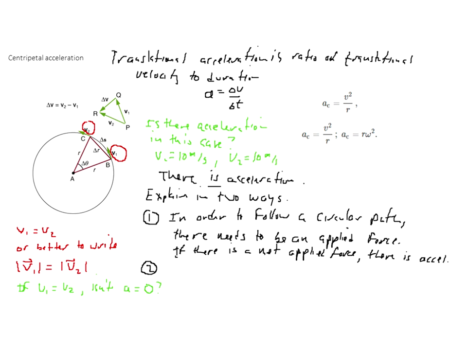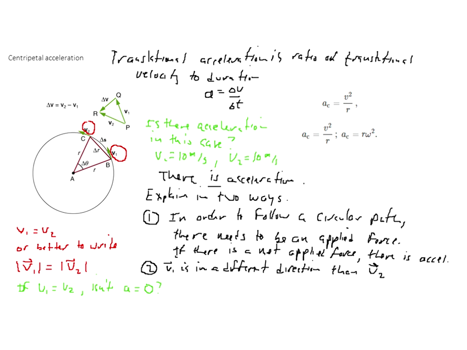Another way to look at it is, even though the magnitude of the velocity is the same, the direction of the velocity is different. So the vector v1 is in a different direction than the vector v2.